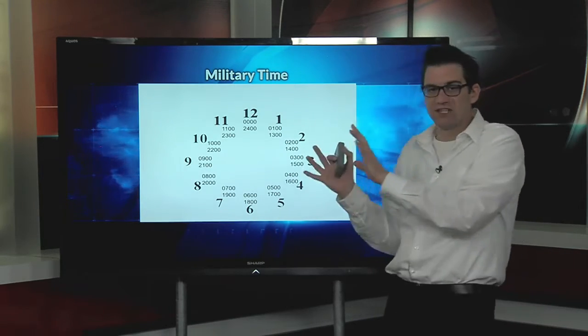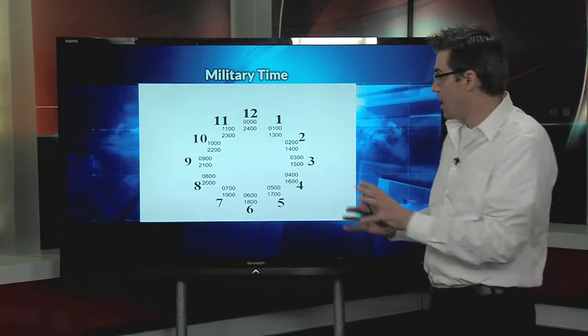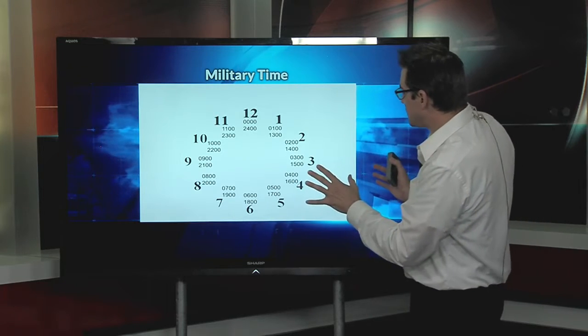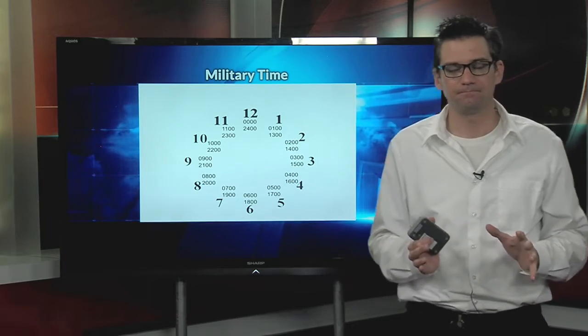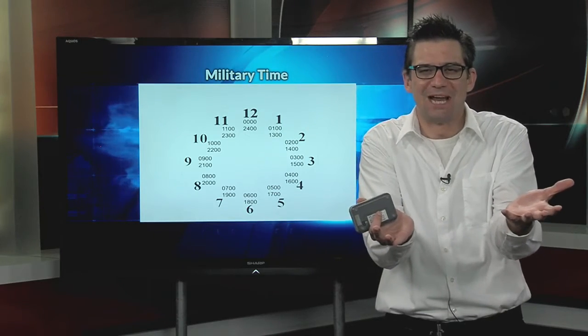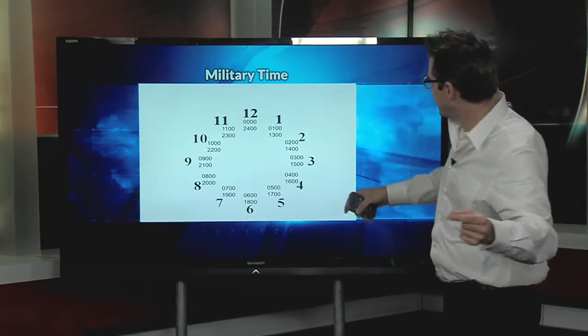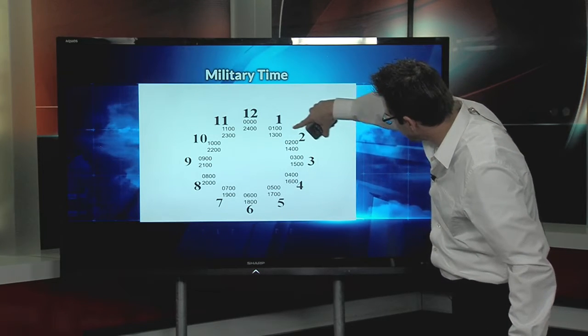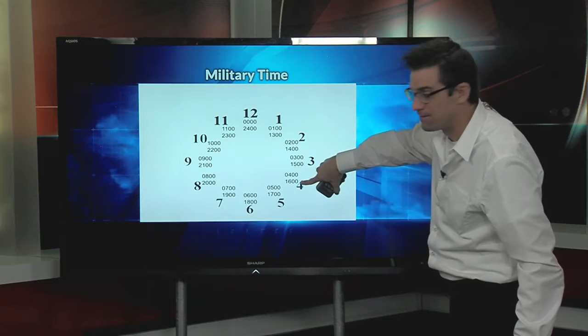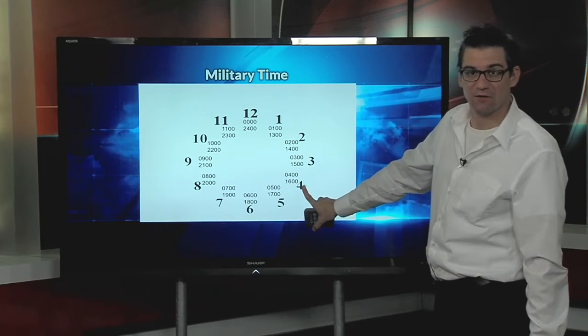So if someone says to you, I have an appointment this afternoon at 1600 hours. What is that? 1600. Well, you just look here at the coordinates on this clock face that we've got for you here. You find 1600, and that's 4 o'clock.